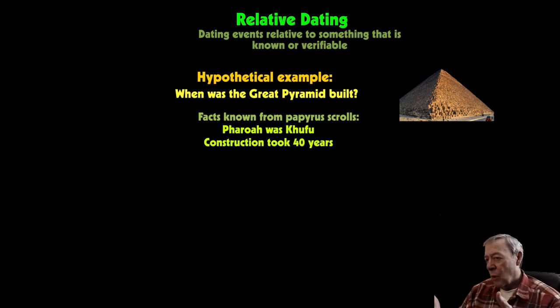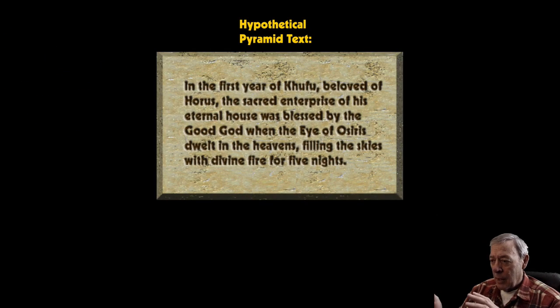Well, this is the part that I'm making up. Let's say that this inscription was found somewhere, maybe in a tomb or on a temple wall, in which it says, "In the first year of Khufu, beloved of Horus, the sacred enterprise of his eternal house," the pyramid, "was blessed by the good god, Horus, when the eye of Osiris dwelt in the heavens, filling the skies with divine fire for 5 nights."